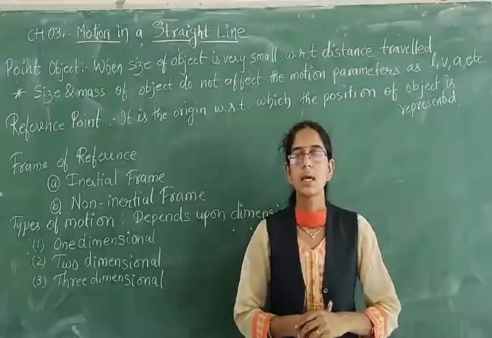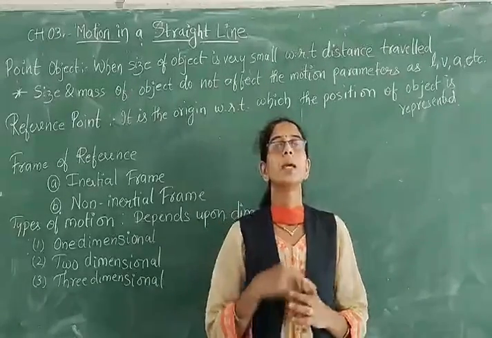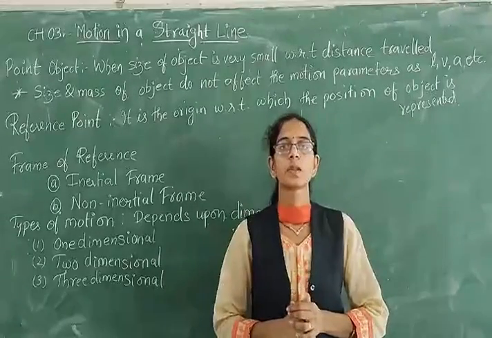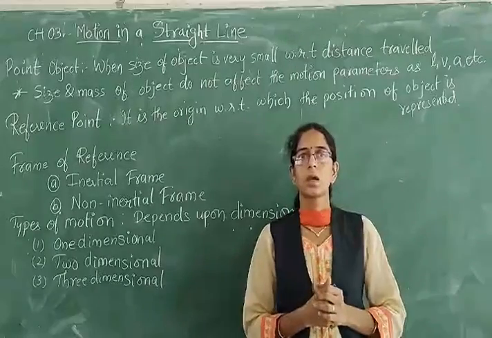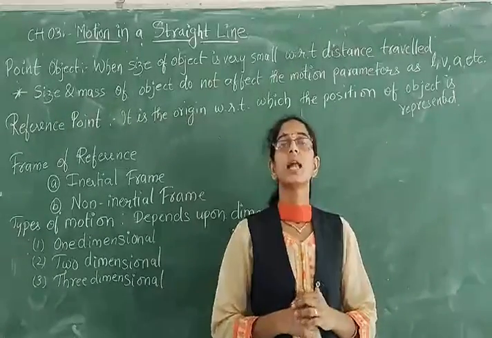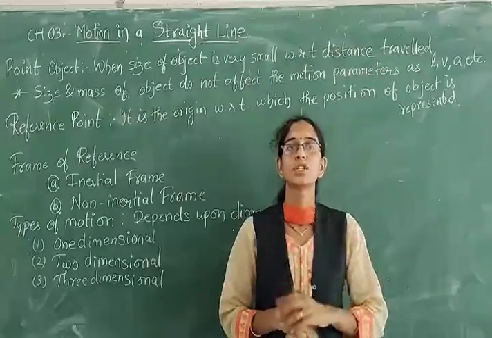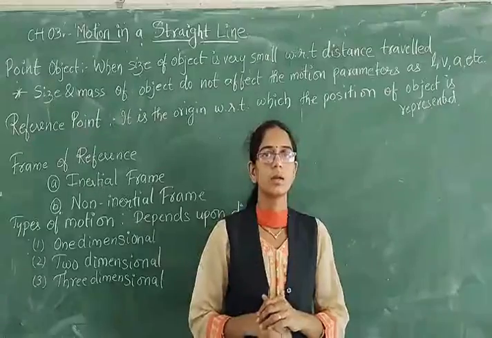Similarly, let the trains travel a larger distance, maybe some 300 to 400 kilometers. In that case, they are moving with the same speed and covering a larger distance. So when we study that concept, we are not concerned much about the size of that train.